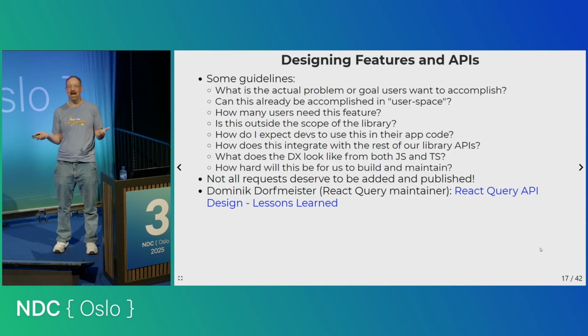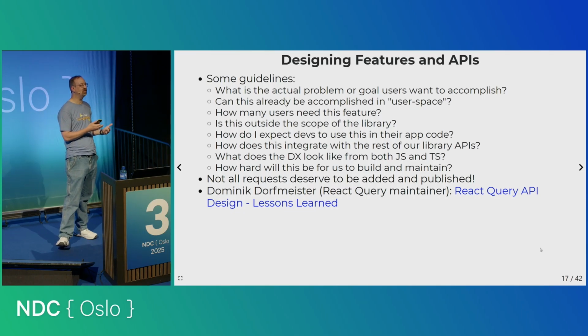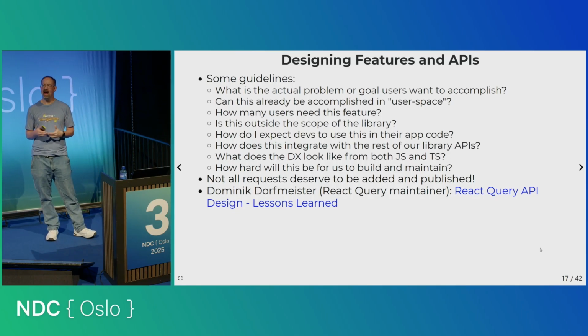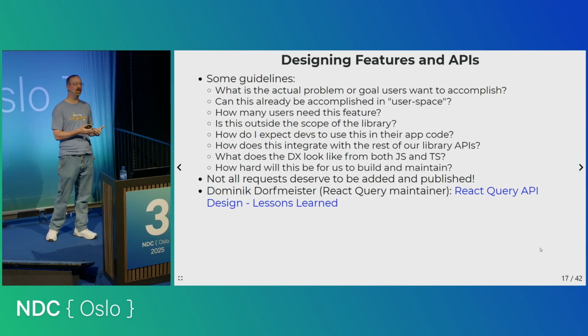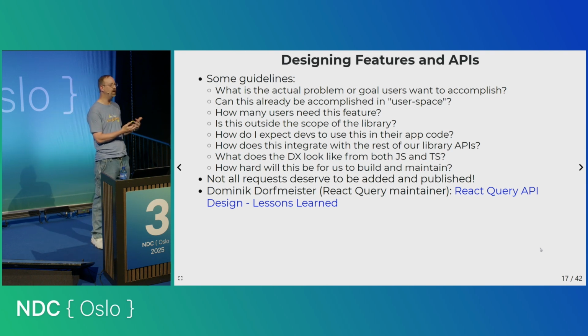Like, if we just keep adding features endlessly, then it's just going to keep growing. How am I actually expecting my users to use this feature? What's the intended usage pattern look like? How does this integrate with the rest of our APIs? Are the API design patterns consistent? Does this one look weird or awkward next to the others?